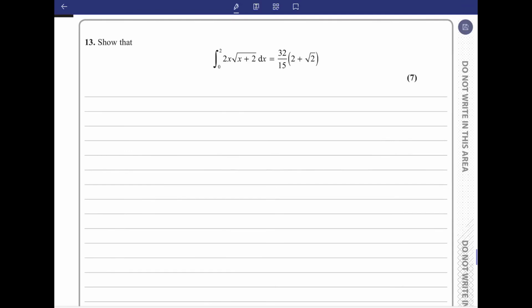First, let's recall the formula. So if we have an integral like this, two functions, one's u and one is a derivative dv by dx, and this is integrated with respect to x, then we actually have uv minus the integral of v du by dx.